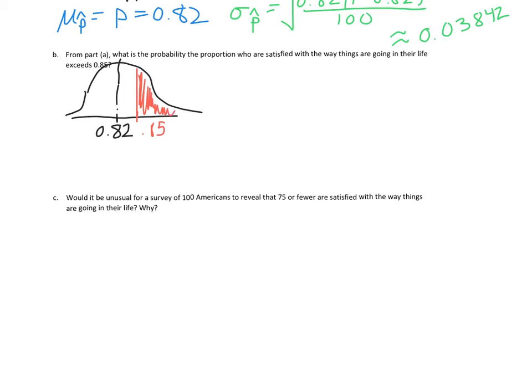So probability is area. We already established this was a normal distribution. So we're going to look at area under the normal curve. So we're going to be looking at the probability that p hat exceeds 0.85 if we were to take a sample of 100 people. So that's your normal CDF.